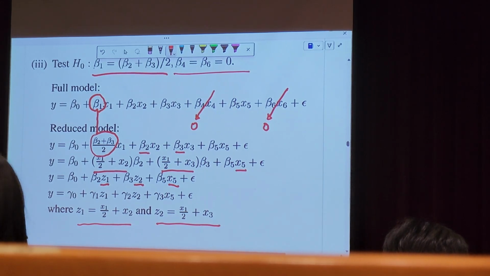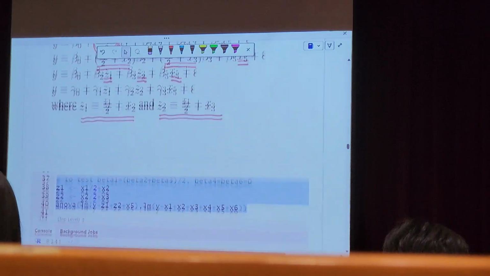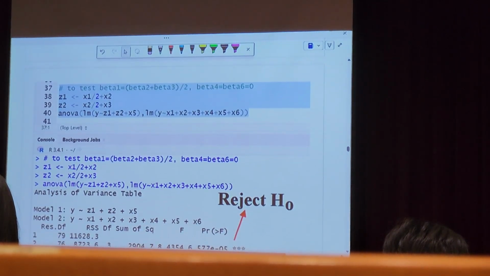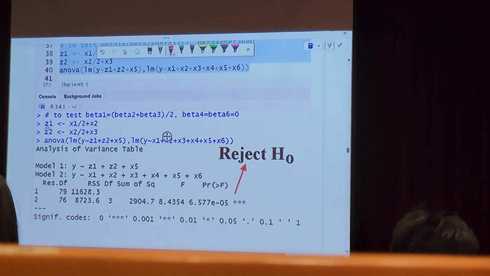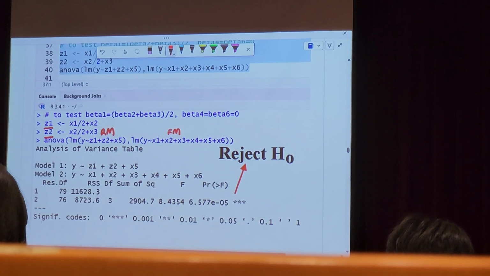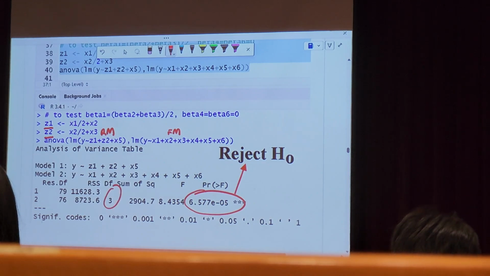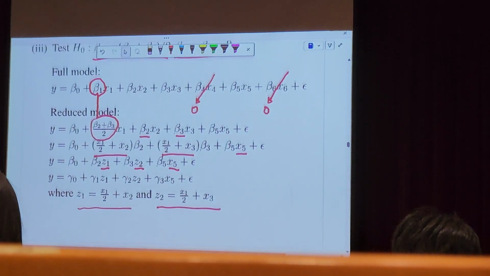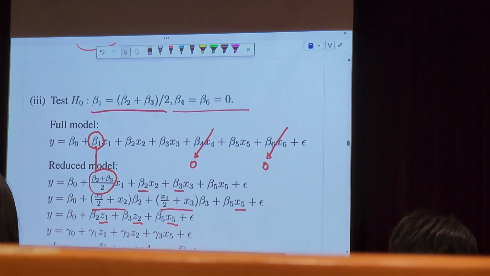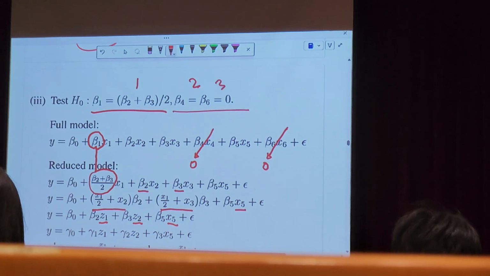You got it? Okay, so let's do it. I find Z1 first, Z2, and then fit the full model and the reduced model. In this case, R is 3 because there are 3 constraints. 1, 2, 3.